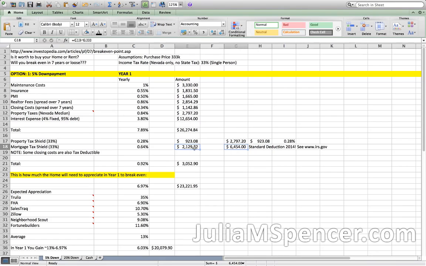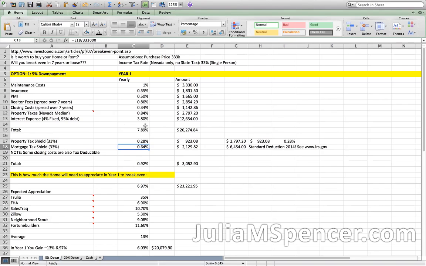And when we multiply that times your tax rate, 33%, this is the amount that you get. If you multiply that out over the cost of the actual home ownership, the 333K, this is your percentage savings for having a mortgage at 95%.